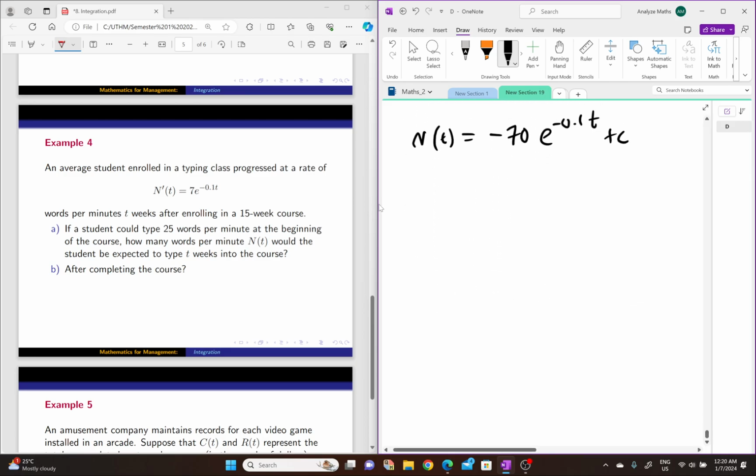They give you, we have to find the C, and they give you the clue here that a student could type 25 words. So n is equal to 25 at the beginning of the course. Beginning of the course is t equal to 0. So when t equal to 0, n is equal to 25.